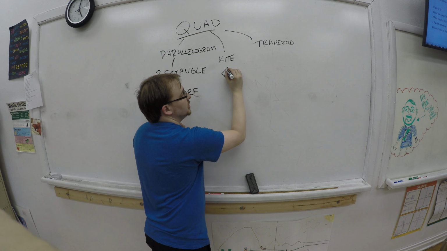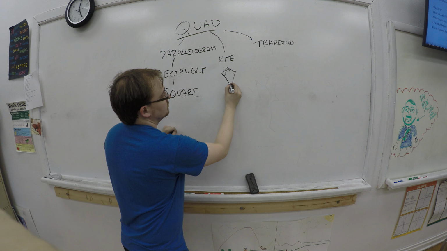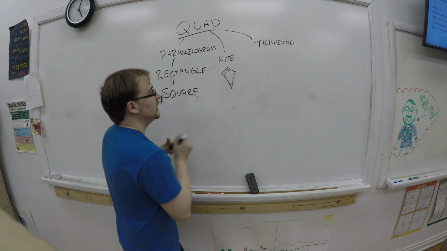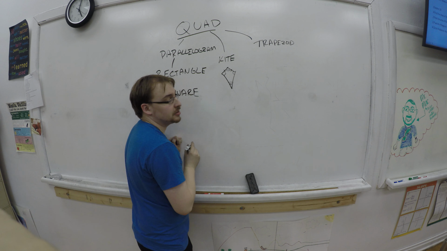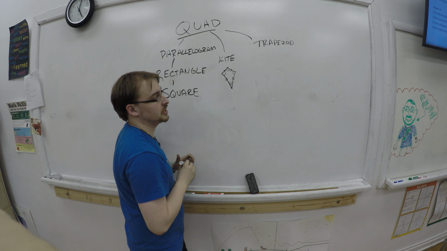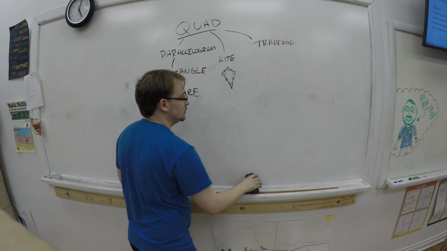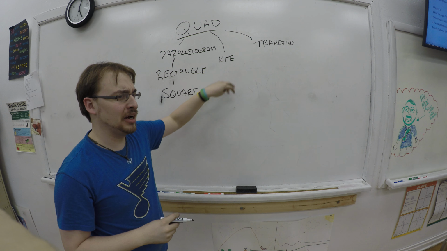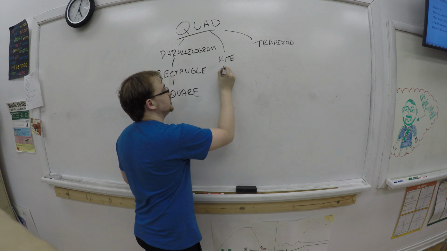These angles are not going to be equal, necessarily. They're different measures, but these two are going to be equal. And these two are going to be equal in length. These two are going to be equal in length. So it's kind of weird. Okay? And then the special kind of kite is a rhombus.